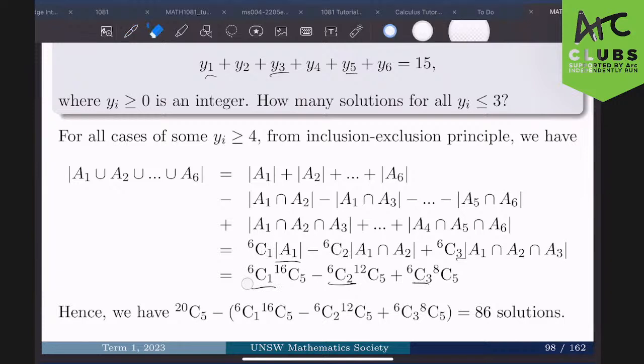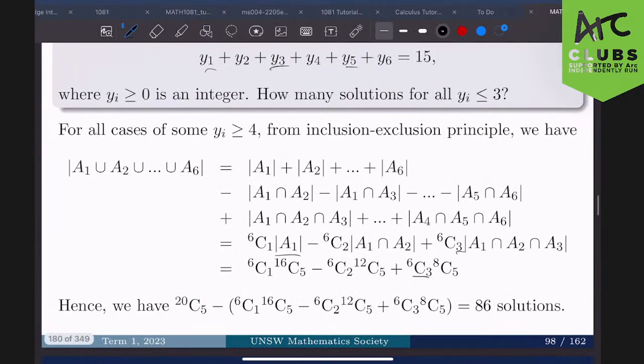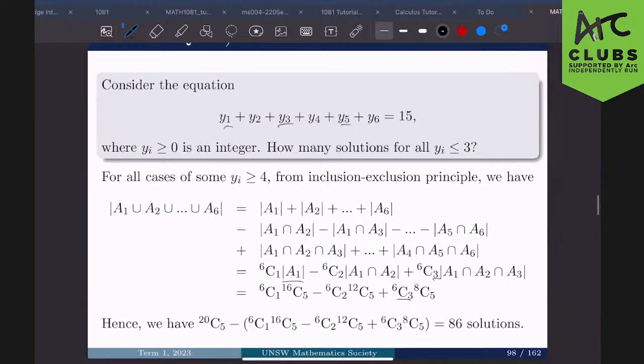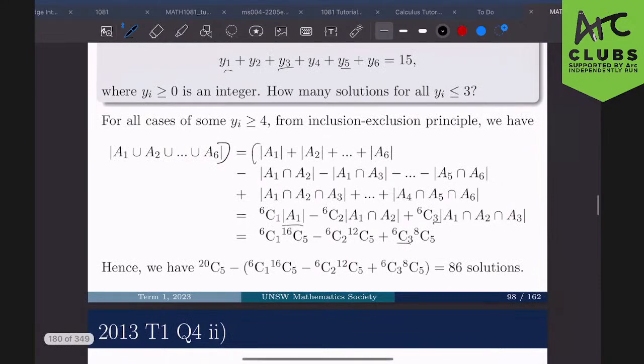So this is just applying the inclusion and exclusion principle. The total will be equal to this first one, minus the intersection between 2, add the intersection between 3, and we only got to 3 times, so that's all we have to worry about.